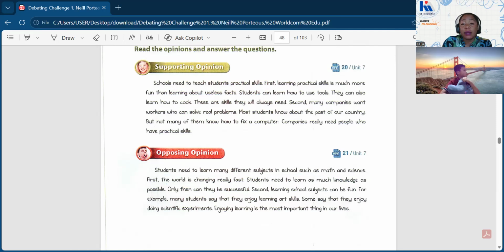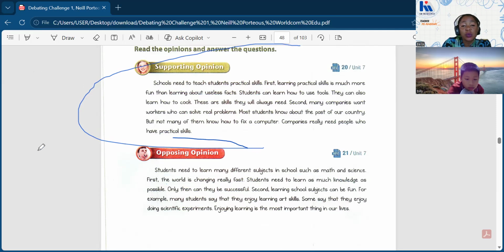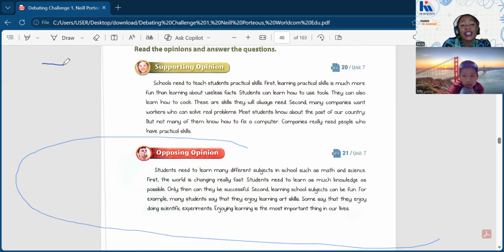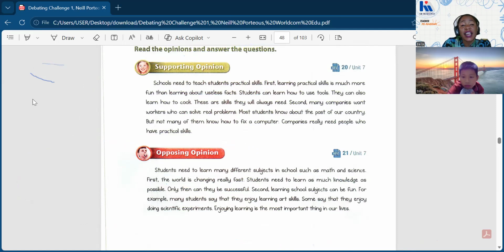Yes. Now, Billy, I want you to circle the main idea in the supporting opinion and the opposing opinion, and then underline the supporting ideas in the supporting opinion and the opposing opinion. Do that now, Billy. Let's go, Billy.